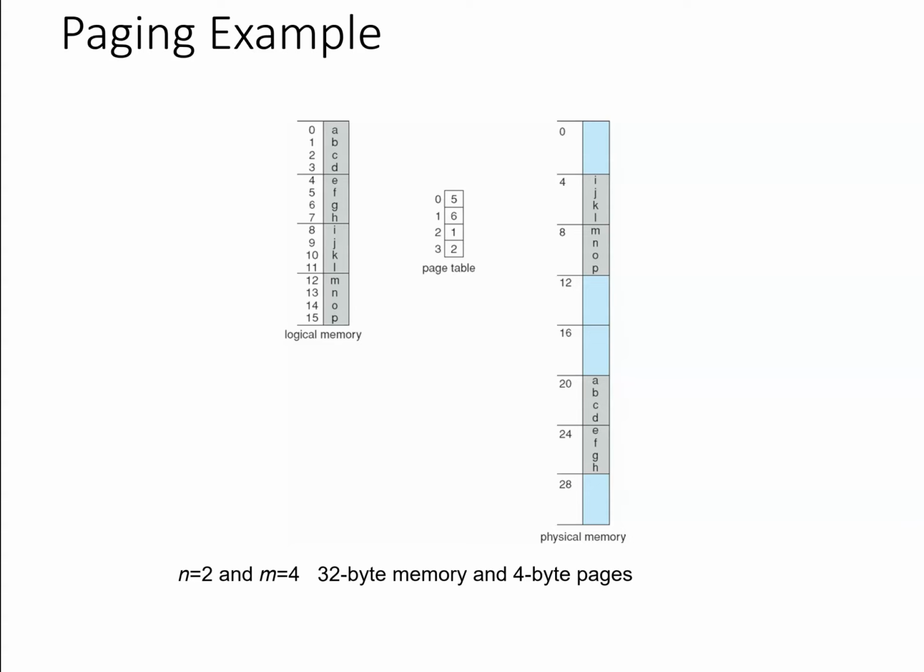You'll have to forgive me, there's an actual extra frame in here, so let's just ignore the first one. So page 0 is at frame 5, page 1 is at frame 6, page 2 would be at frame 1, and page 3 would be at frame 2. Notice no dependency on actual location.